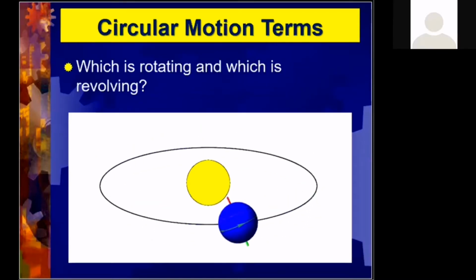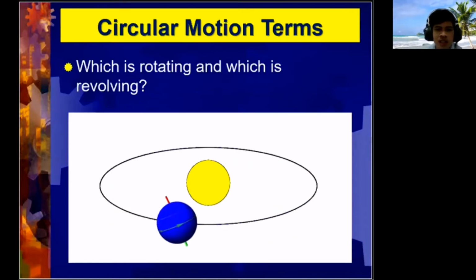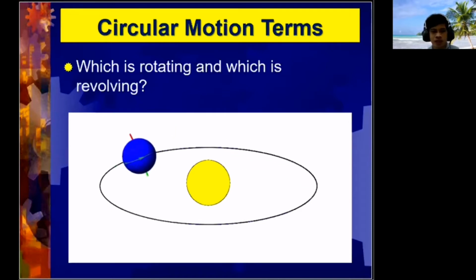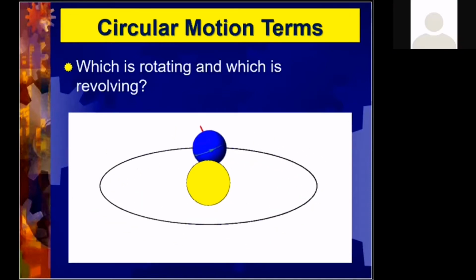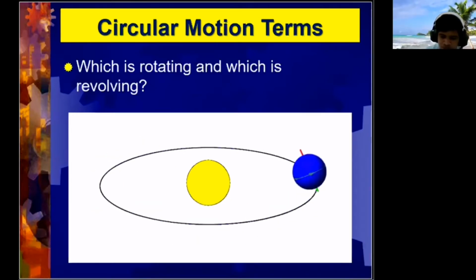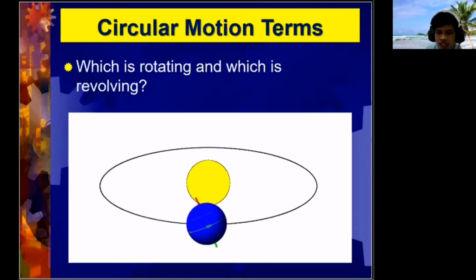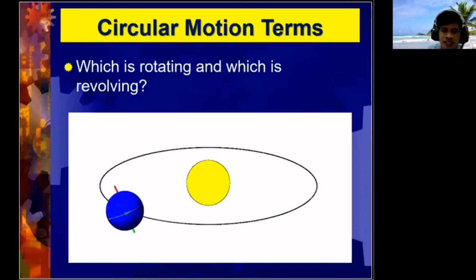Which one in here, you can identify them with colors, the yellow and the blue. Which one is rotating and revolving? Again, please, revolving and rotating. How do you differentiate that in here?